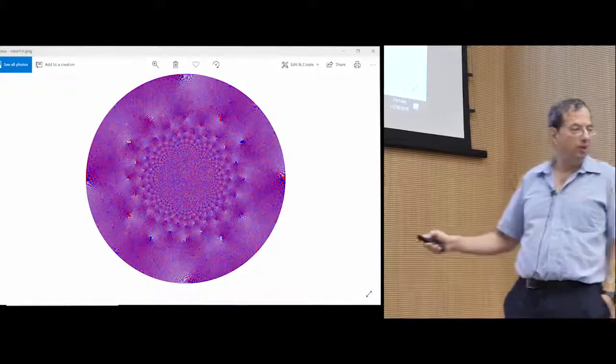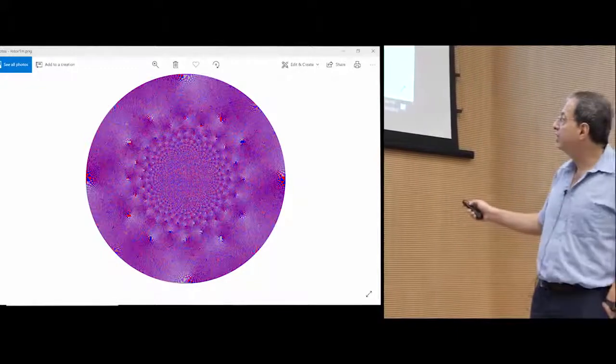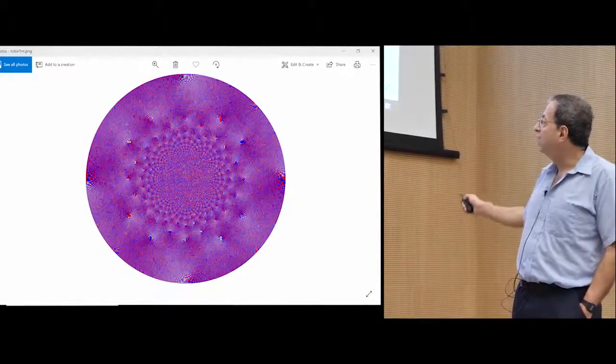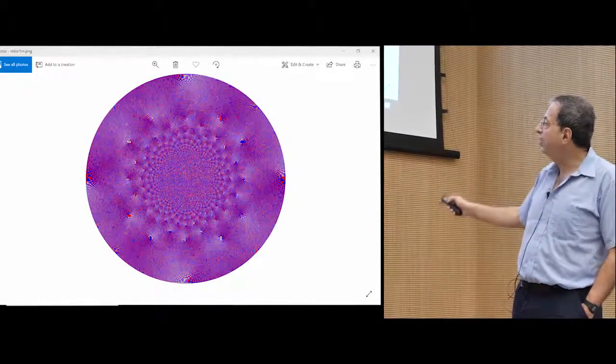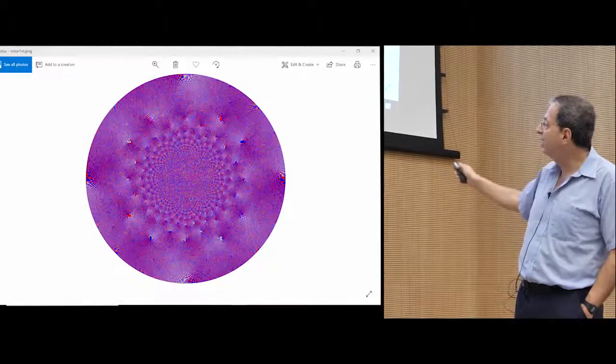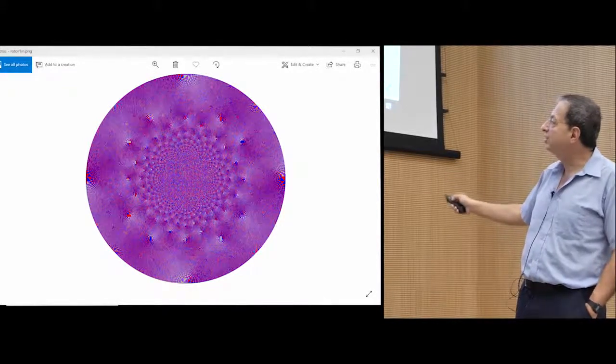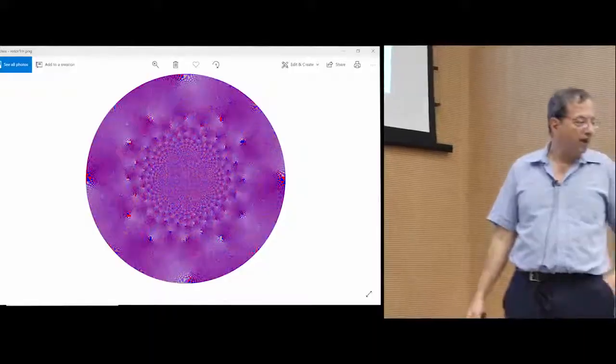Just in 2016, we improved the result to show that the fluctuations are at most logarithmic. So if we look at the radius, how it changes as we go around, it's at most log of the number of particles. But in fact, what the simulations indicate is that it's much, much rounder than current math can show. If we look at the difference of the in-radius and the out-radius, from the center to the closest point on the outside and to the furthest point, this difference never exceeds 2 in all our experiments.